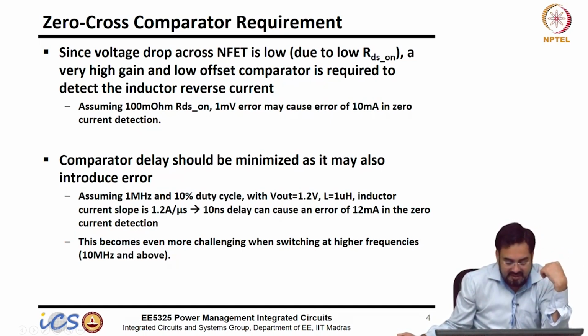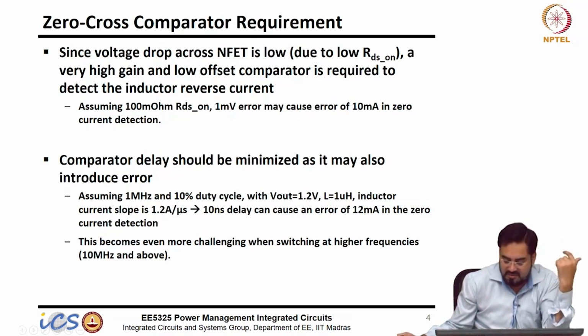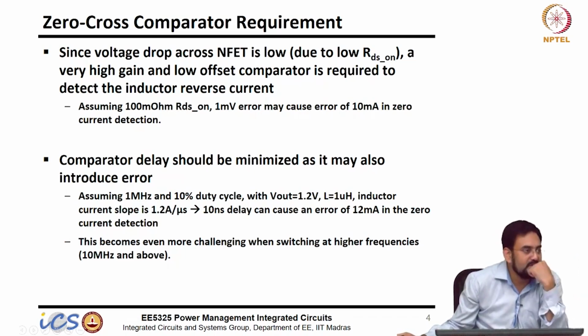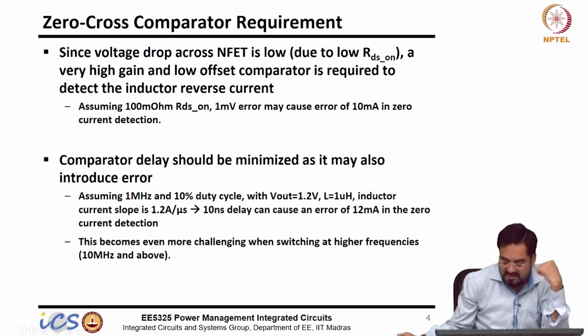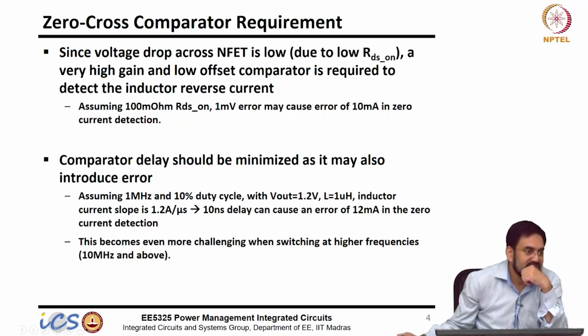If you have a delay of, let us say, 10 nanosecond, that is nothing but 1% of your 1 microsecond period, and 1% of 1.2 amp is nothing but 12 milliamp. So this will introduce 12 milliamp of current, which means you will certainly be looking for a delay on the order of 1 nanosecond or so.